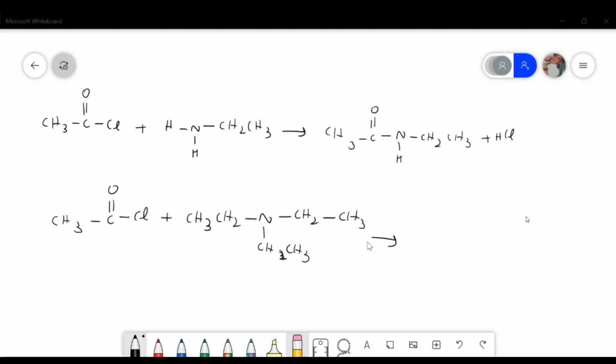Look at your reagents carefully. Your first reagent is an acid halide. What do we know about acid halides? What's one property of acid halides that makes them very useful for condensation reactions? Very reactive, correct? And if you put something very reactive, formed from a carboxylic acid, what do you take note of?